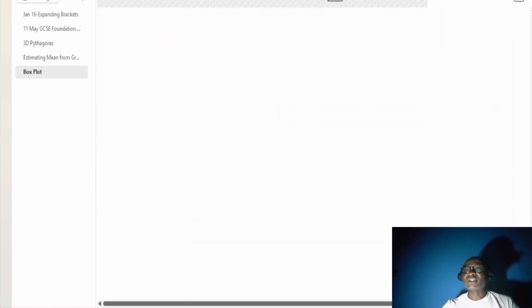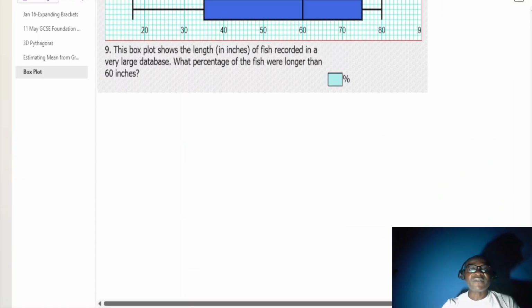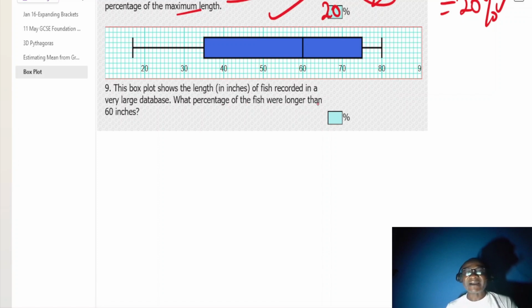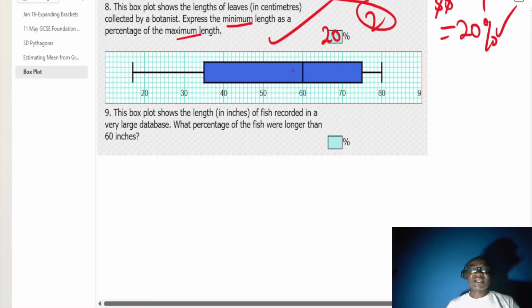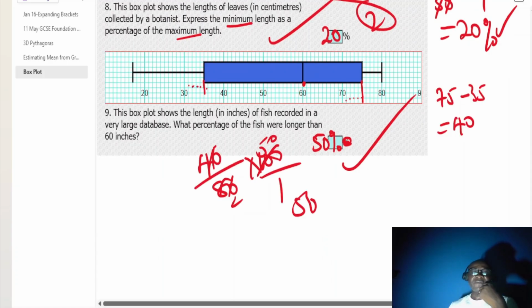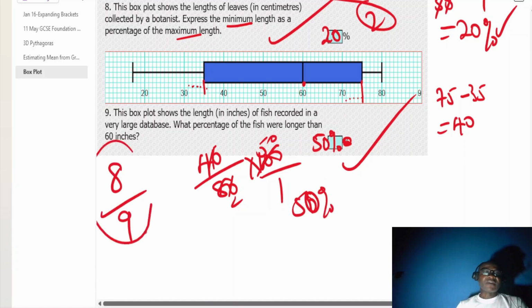Let's go to number 9. Here the question has asked that we should find the percentage of fish. What percentage of fish are longer than 60 inches? What do you have as your answer? I got 50%. Okay, it's also correct. That means you got 8 out of 9.